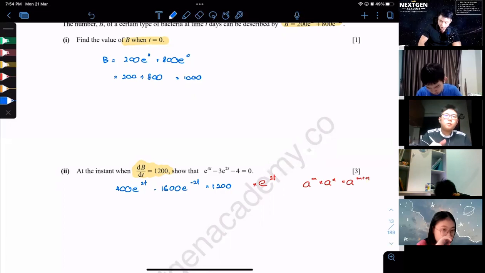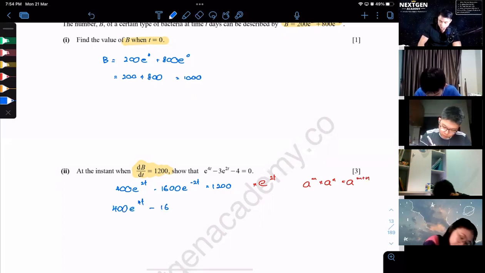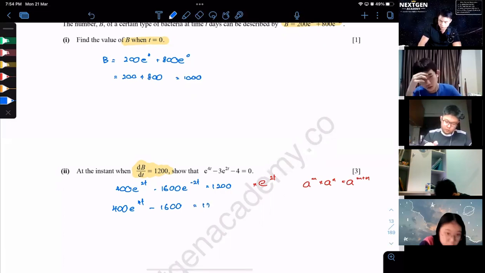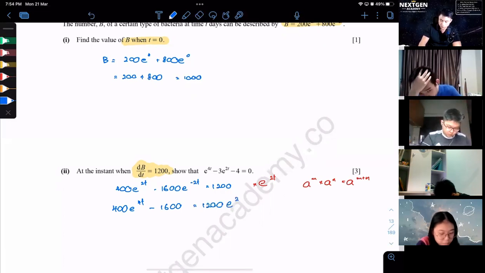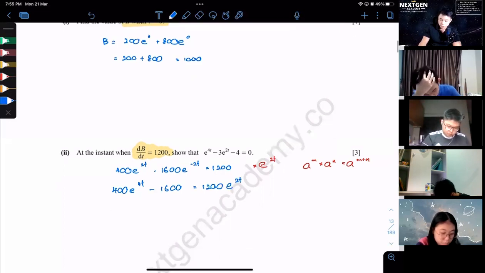So 400, this will be e4t. This will be 1600, there's no more e, negative 2t plus 2t will be 0. Then this one will be 1200 e to the power of 2t. Let's rearrange it, and later they want us to simplify it also.